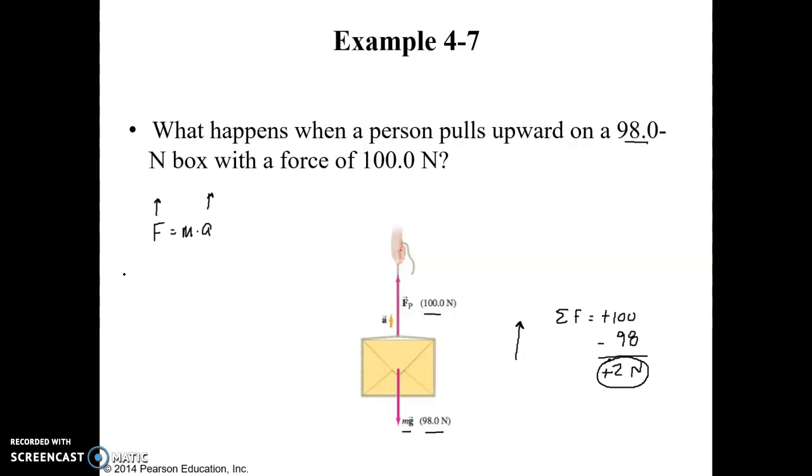So if we recall that F equals mg, that's weight, the force of gravity, so I could put a subscript g there, Fg, the weight due to gravity is mg, and we were given in the problem statement this box has a weight of 98.0 newtons.